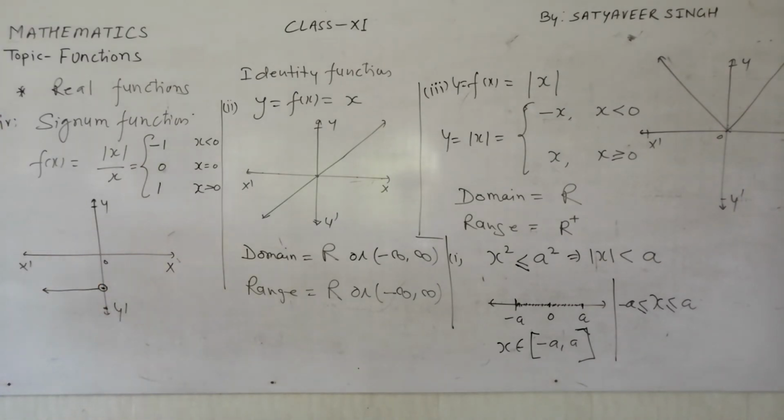Suppose I have taken one point here. For this I have value minus 1. I have taken another real number here, for this also value minus 1. So for all the negative real numbers I take here, I have the same value minus 1. But if I take 0, it is here, 0.